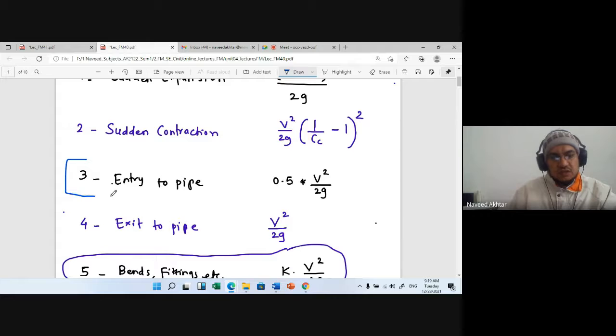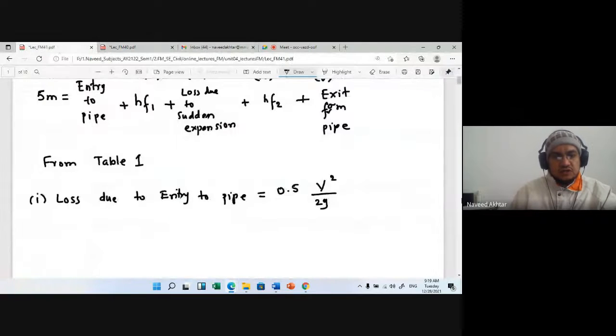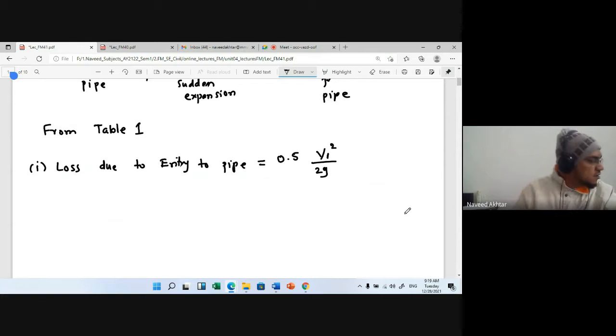The value is 0.5 into V square upon 2G. So I will write down here: loss equal to 0.5 V square upon 2G. Here velocity in pipe 1 is V1 at the entry, so 0.5 V1 square upon 2G. Okay. Then again, you can write down the second equation.